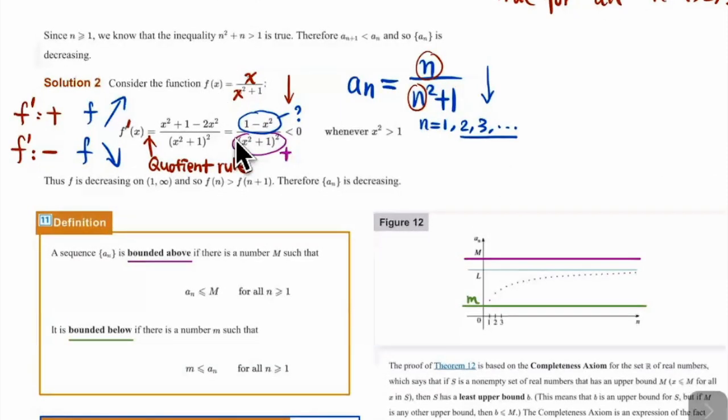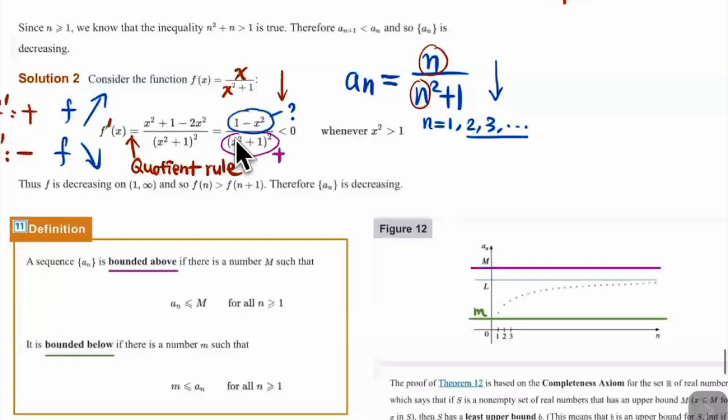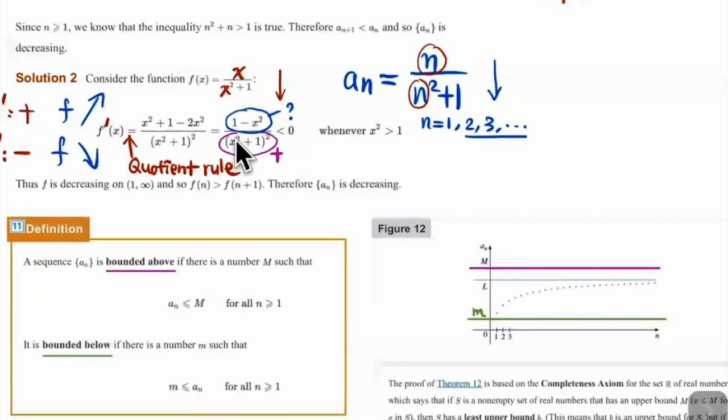Actually, the function is, let me actually draw it. x squared greater than 1, over here. So when x is from 1 to infinity, then the function is decreasing. Okay, so over here you have 1, but then after 1, the function is going to be decreasing like that, right?